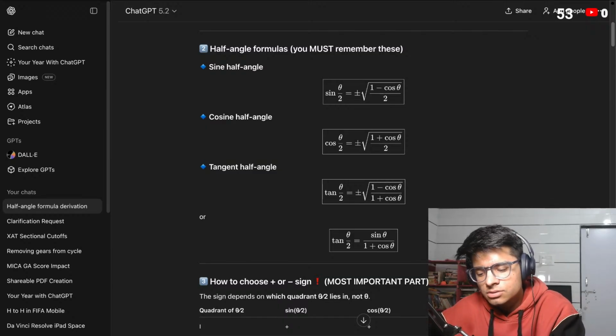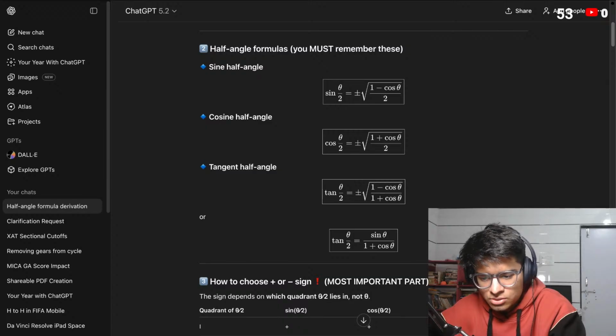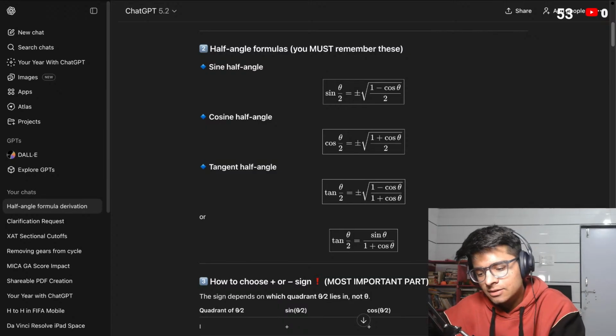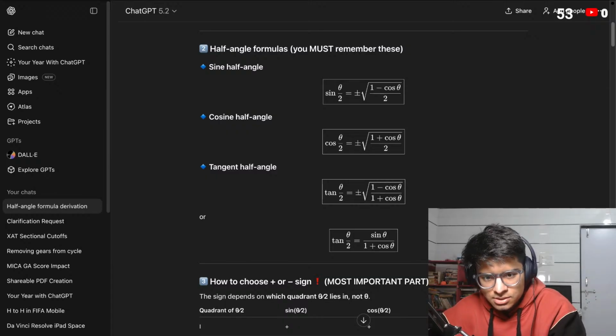Okay, so sin theta by 2 is equal to plus minus under root of 1 minus cos theta upon 2. This is one identity. Now same for cos theta by 2, we get plus minus under root of 1 plus cos theta instead of 1 minus cos theta, upon 2.